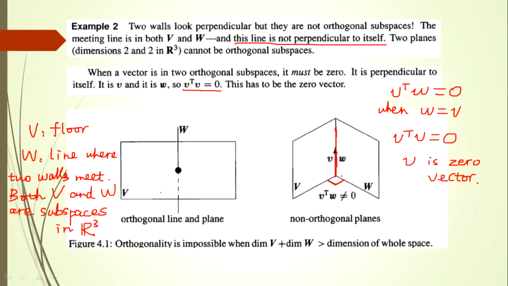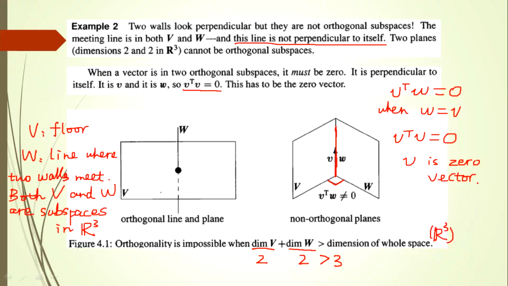And you can think about it: two walls. The dimension of these two planes are both 2, right? The dimension of one side wall and the dimension of another side wall are 2. So the sum of those two subspaces will be 4. That is greater than 3, which is the dimension of the whole space R3.